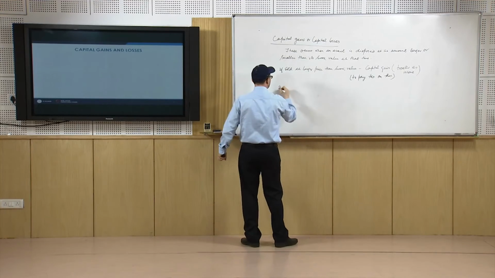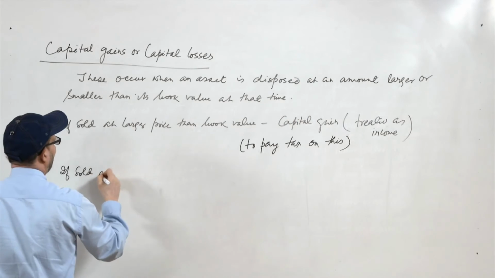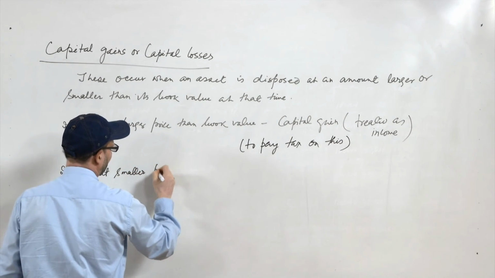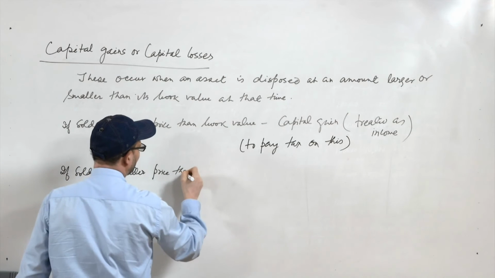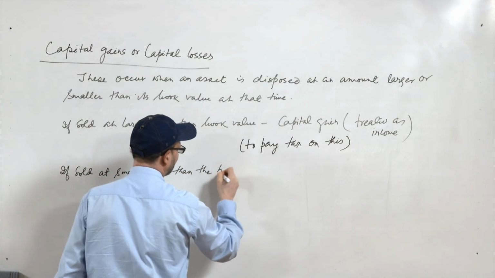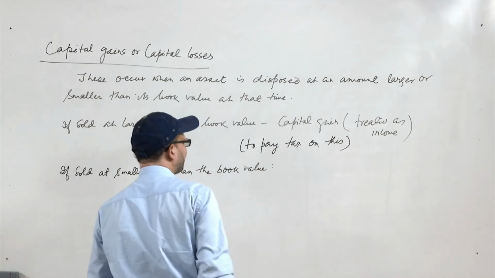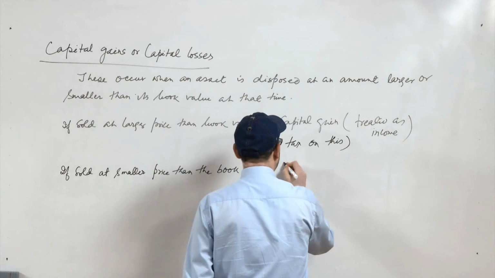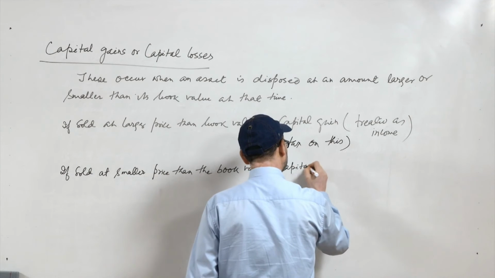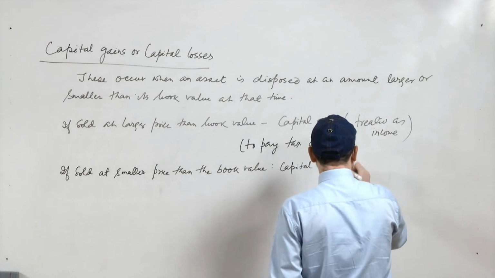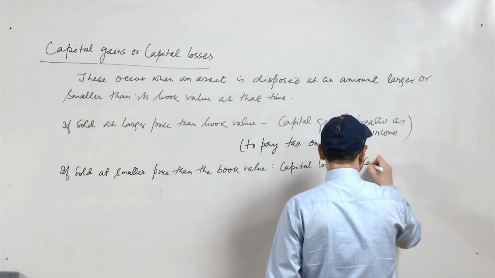Similarly, if sold at a smaller price than the book value, in that case it is known as a capital loss. So, in that case you can save tax.